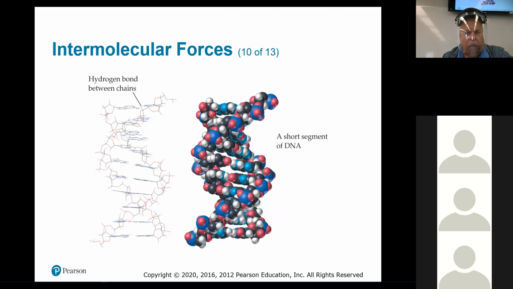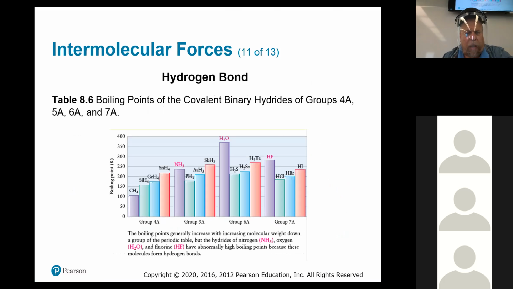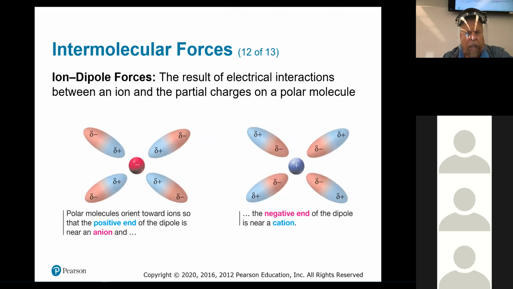Now, hydrogen bonding between chains here, there's a whole lot of different examples of hydrogen bonding. And then intermolecular forces and ion dipole interactions. This is where you've got a sodium ion, and this would be like a chloride ion interacting with these. And that's the ion dipole forces interacting.